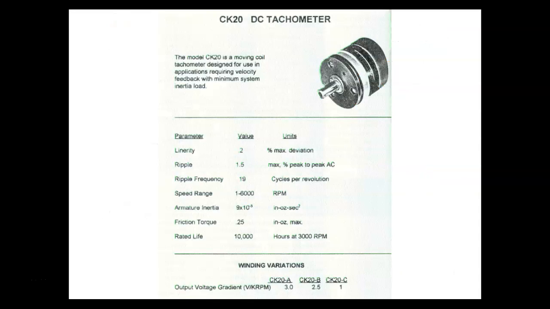Then we run into our tach generators. So a tach generator basically has a permanent magnet on the outside, so we don't change that. And then we have a rotor in the center.